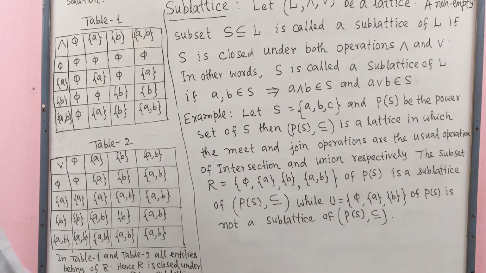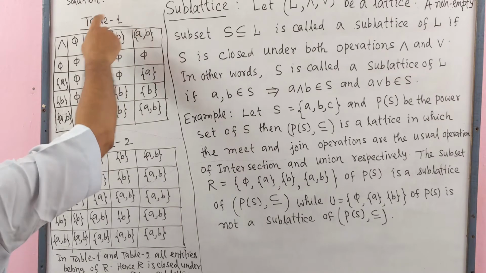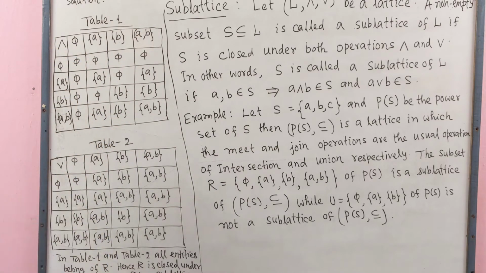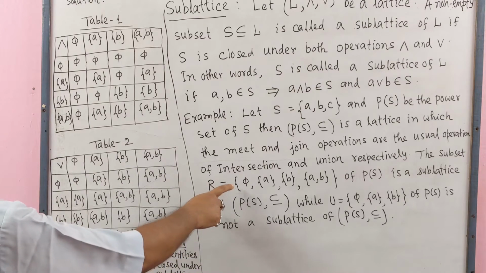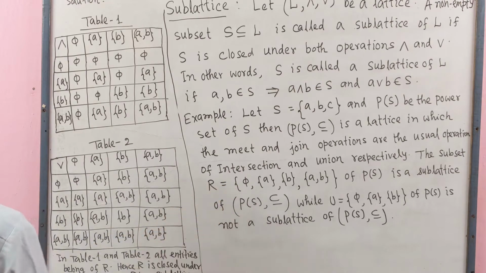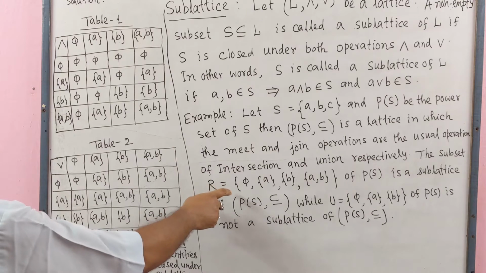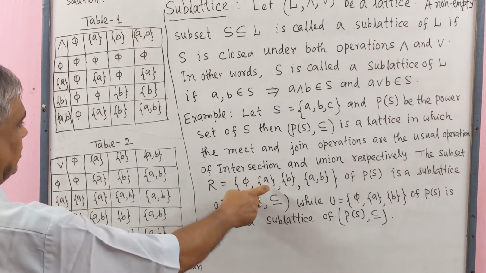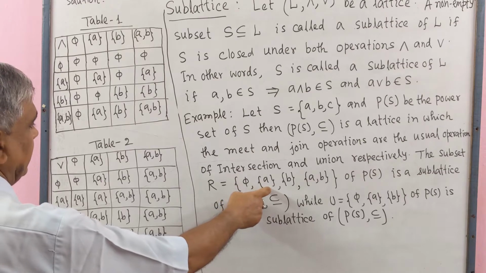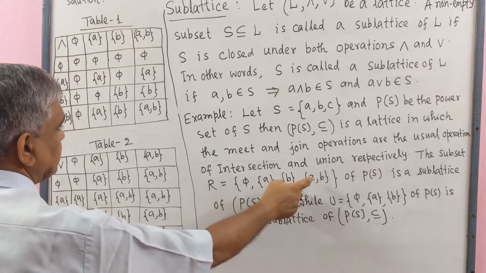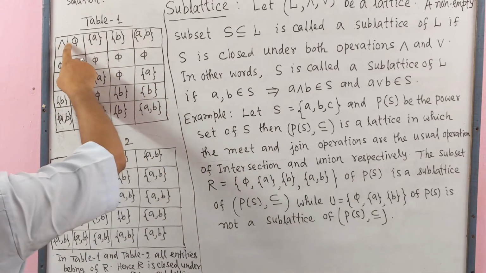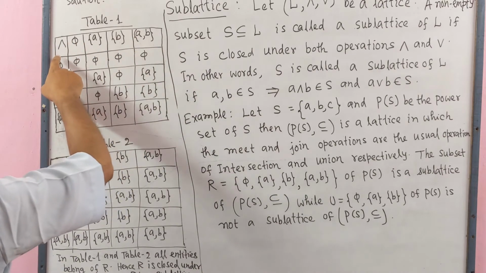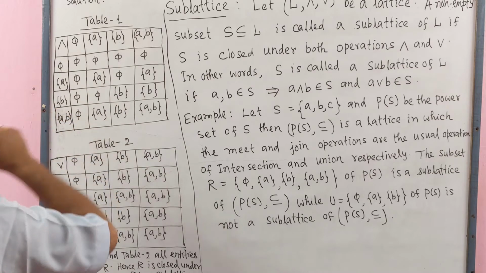Table 1 is for meet and table 2 for join of the elements of R. Here the elements of R are phi, {a}, {b} and {a, b}. We write these in the first row and also in the first column.